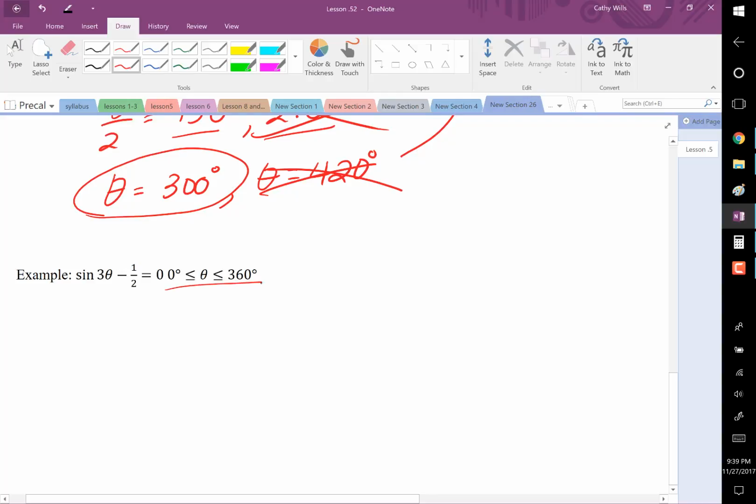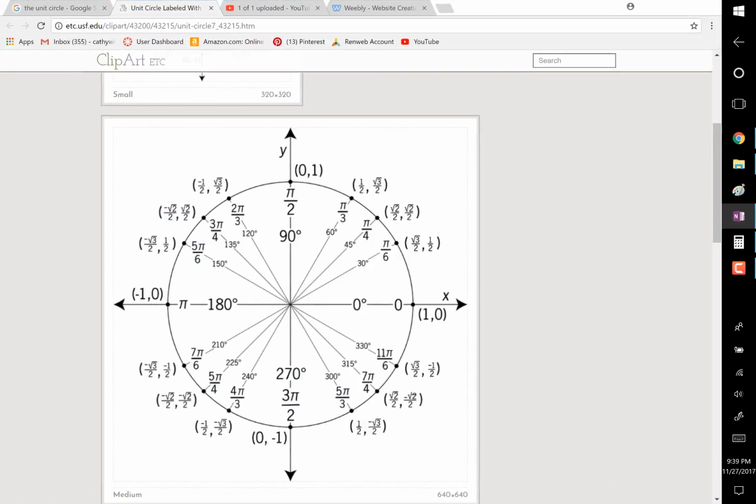So to solve this equation, we'll add 1/2 to both sides, and we'll end up with sine 3 theta equals 1/2. All right, so what does 3 theta have to be in order for the sine of it to be 1/2? Well, where does that happen? If you look at your unit circle, where is sine 1/2? Sine is 1/2 at 30 degrees and 150 degrees.